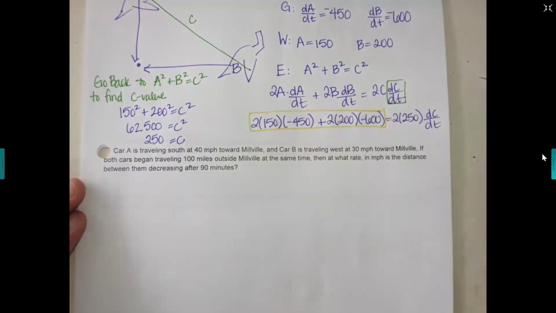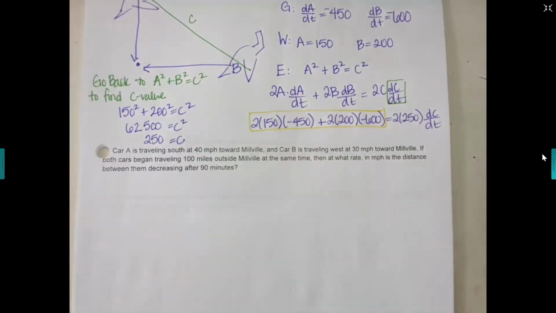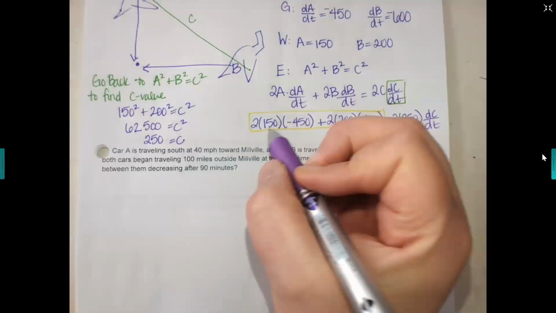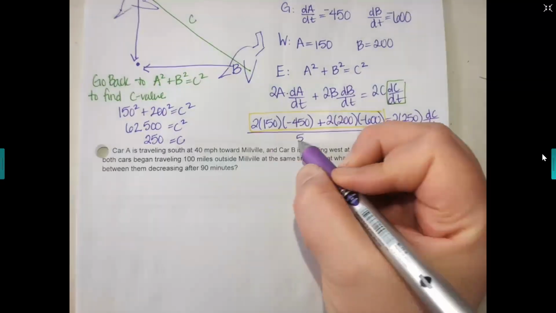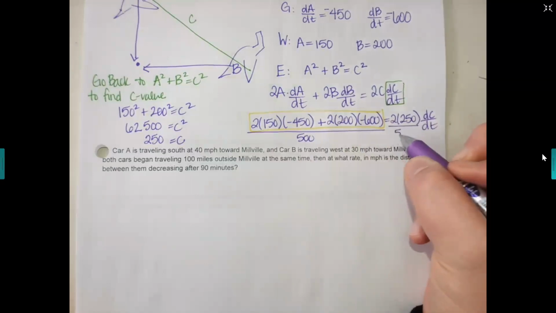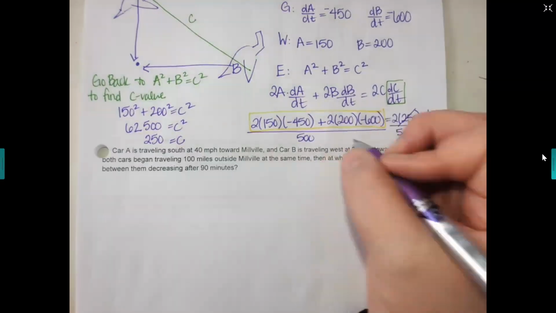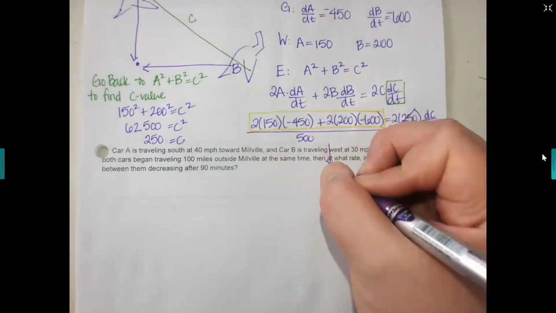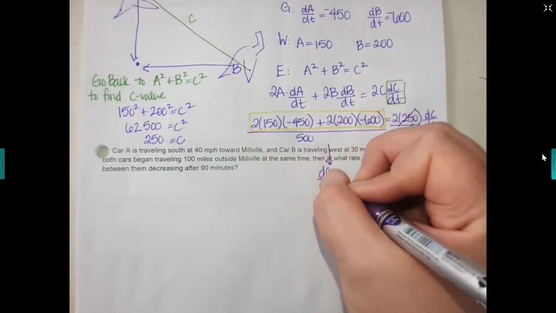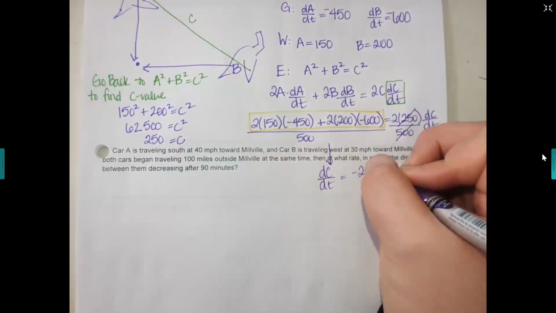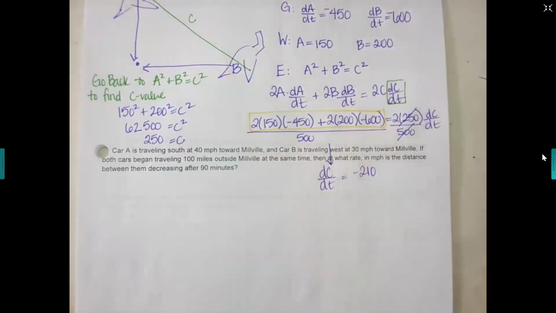And then what is 2 times 250 over here? 500. So then to get rid of the 500, get that answer and then divide it by 500. That's the final answer? Perfect, thank you. Okay, dC dt equals 210.